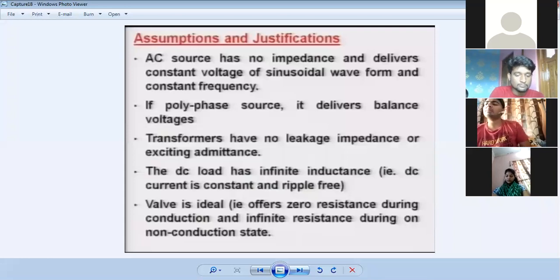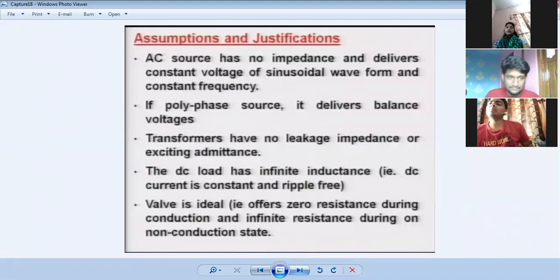Those are: the AC source has no impedance, and it delivers constant voltage of sinusoidal waveform and constant frequency. If a polyphase source is there, it delivers a balanced voltage.